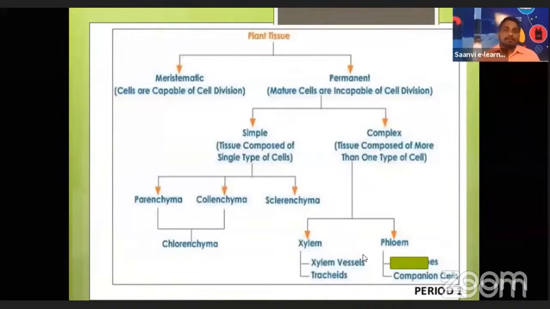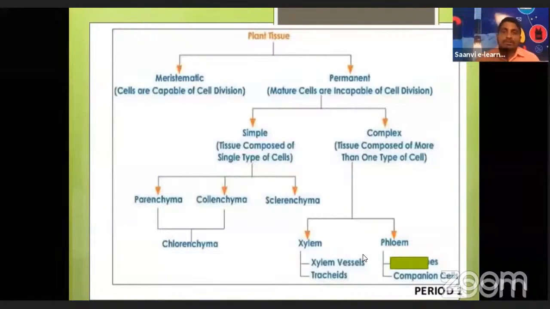Then coming to simple: tissues composed of a single type of cells. That's why it is simple, because that particular tissue is composed of the same type of cells. It means we can expect the same function, children. As you know already, tissues are nothing but a group of cells.